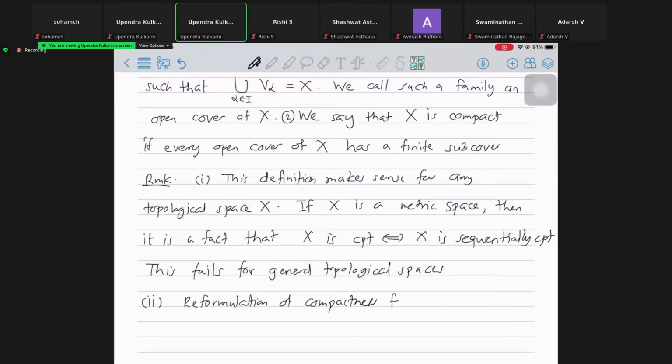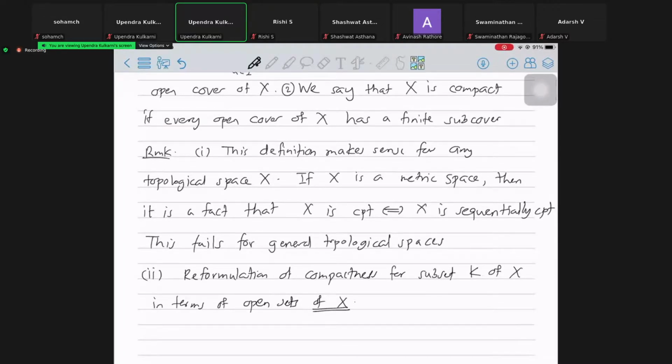Compactness for subset K of X. Okay. So what does it mean for K to be compact? It means that every open cover of K has a finite subcover.